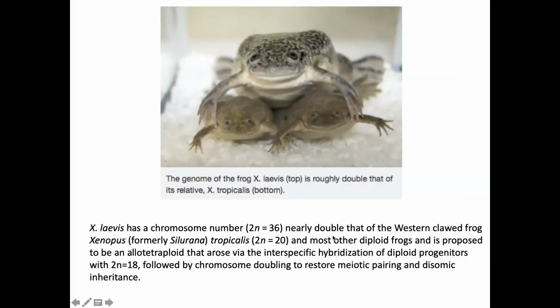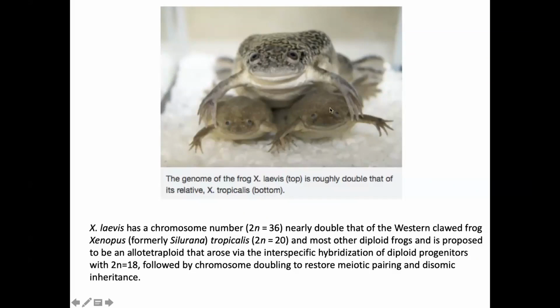What they believe happened is that there was an interspecific hybridization of the two progenitor species, which then, after a subsequent chromosome doubling event, created the modern-day species of the western clawed frog, Xenopus laevis.